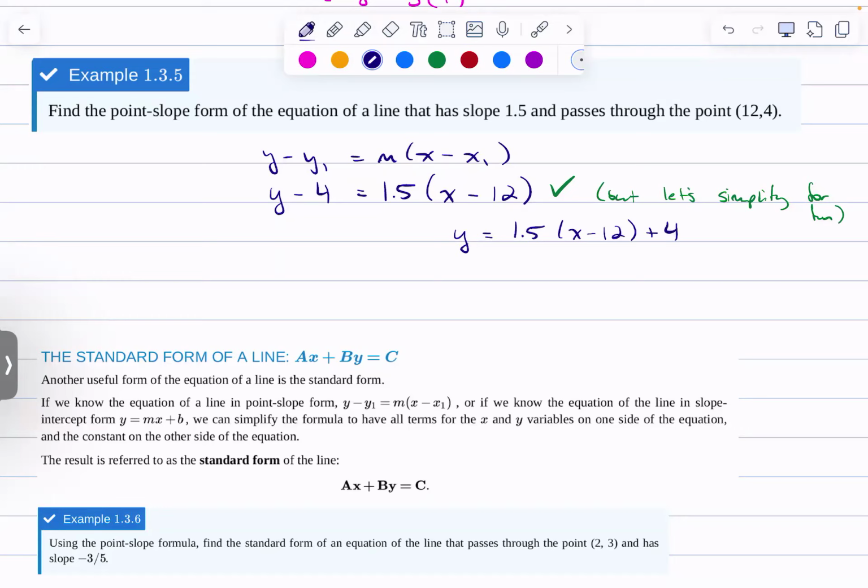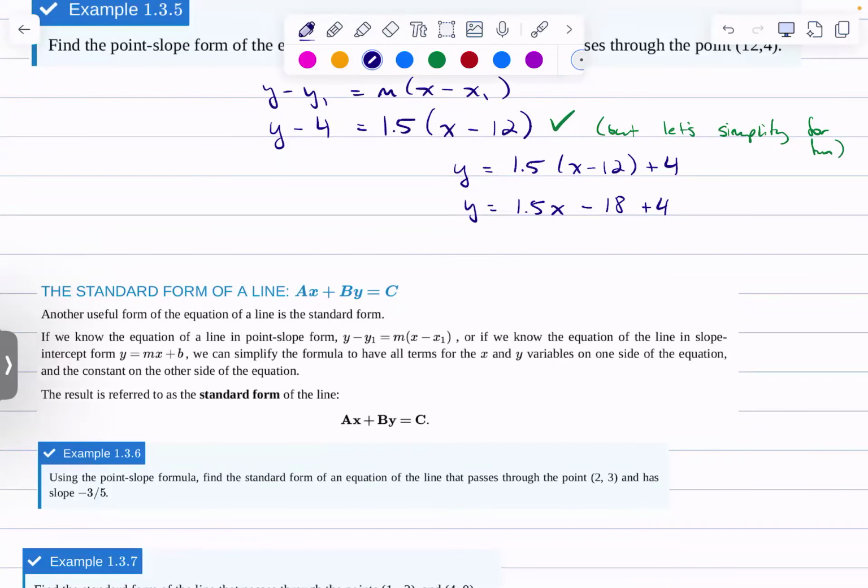Expanding that 1.5, 1.5 times x, minus 12 times 1.5. I don't know. How can anyone know? 18. And then plus 4. Negative 18 plus 4, just to be safe. Y is 1.5x minus 14.